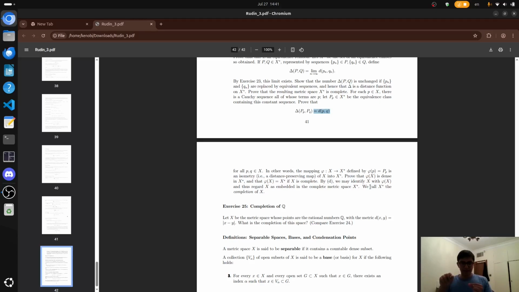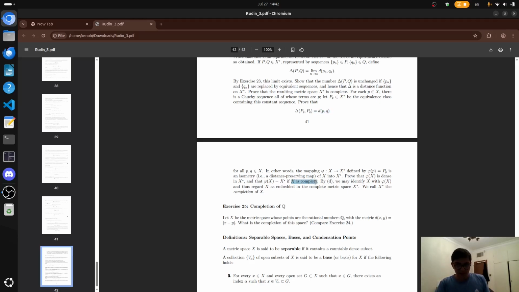So if we take it to be a limit point, then we can find some neighborhood that has equivalent sequences as epsilon gets closer and closer to zero. And we know that's by definition what happens, because we proved that P_p is in X star.